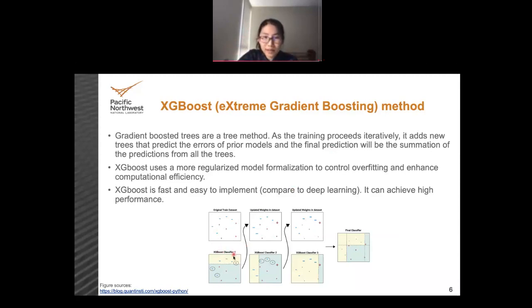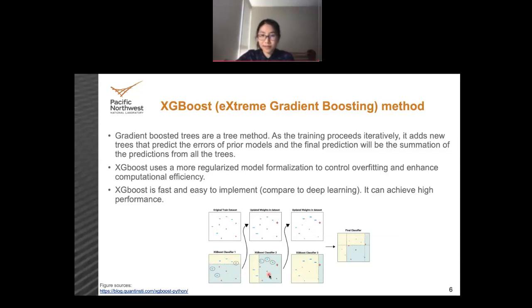Here I have a simple diagram to show the idea of XGBoost. In this example, we are trying to separate different signs, plus and minus. We train the first tree, and the first tree makes the prediction, separating plus and minus. But you can see there are some mistakes here, so we will add another tree trying to fix these mistakes. It makes the second prediction, fixes these mistakes, but it still has some misclassification here.